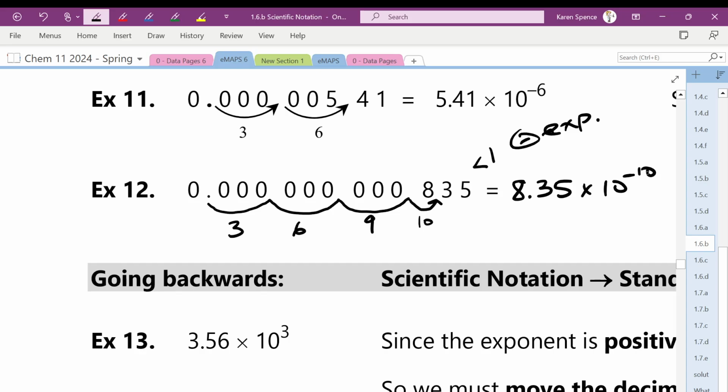We do not have time to go backwards today, so let's just assign you some problems over the weekend. I would like to have a quiz on Tuesday on counting sig figs.